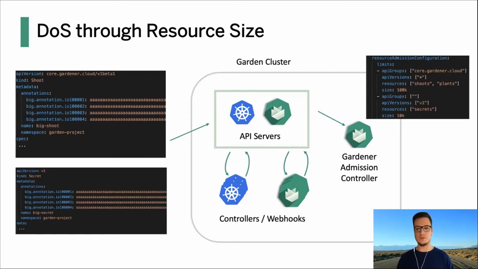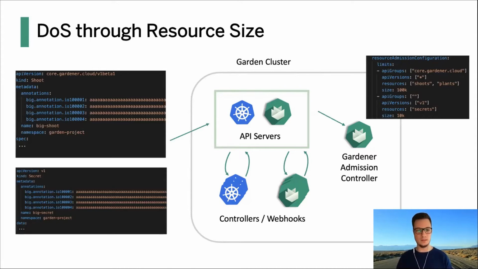And I have to say, the request is only checked when it comes to the request length that comes into the Gardener Admission Controller. So this is not the eventual size of the resource in the etcd cluster. So don't be confused by that.